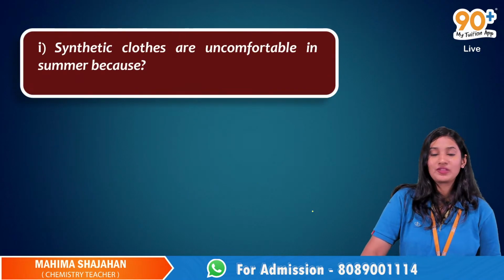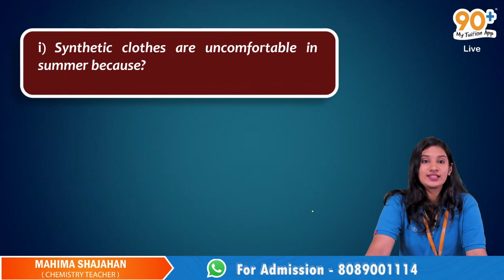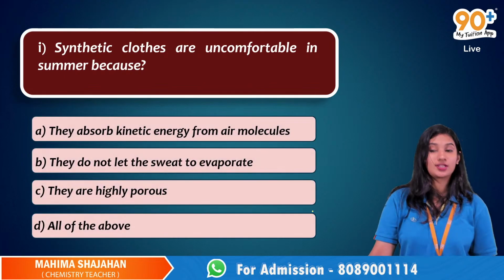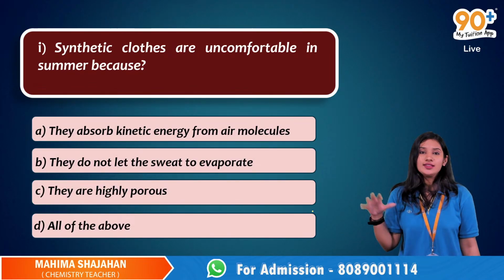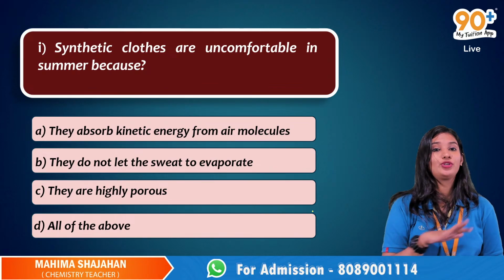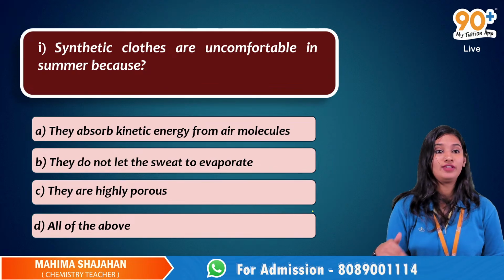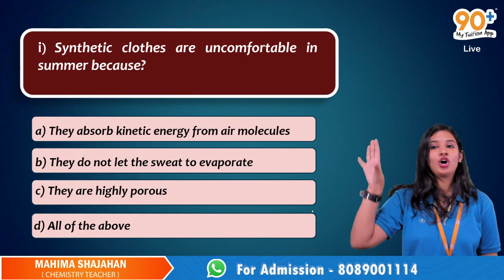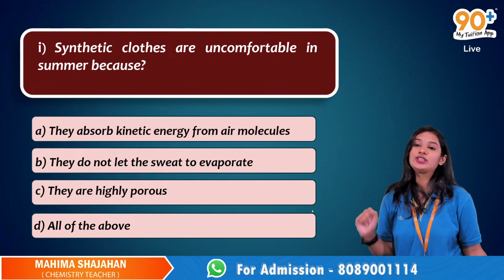First question. Synthetic clothes are uncomfortable in summer because, here you have the options. They absorb kinetic energy from air molecules. They do not let the sweat evaporate. They are highly porous. All of the above. What do you think the correct answer is?